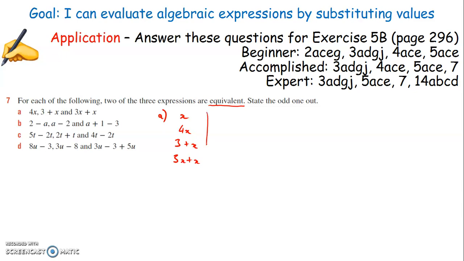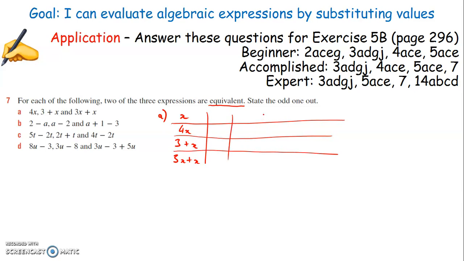Okay, and what I'm going to do is use a few values. So I've got 0, 1, 2, and I try -1 and -2 as well. Remember we want to test a few values of x.